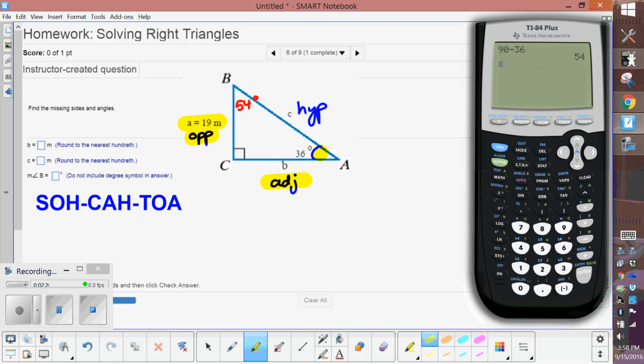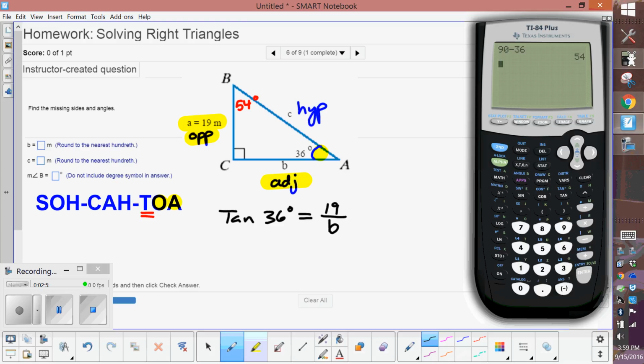When I go down to my problem here, I notice opposite and adjacent. So the only one of the 3 acronyms that deals with opposite and adjacent is T for tangent. So when I write out my equation, I'm going to say the tangent of 36 degrees equals my opposite, which I know is 19, over my adjacent, which I do not know, and I'm looking for little b.